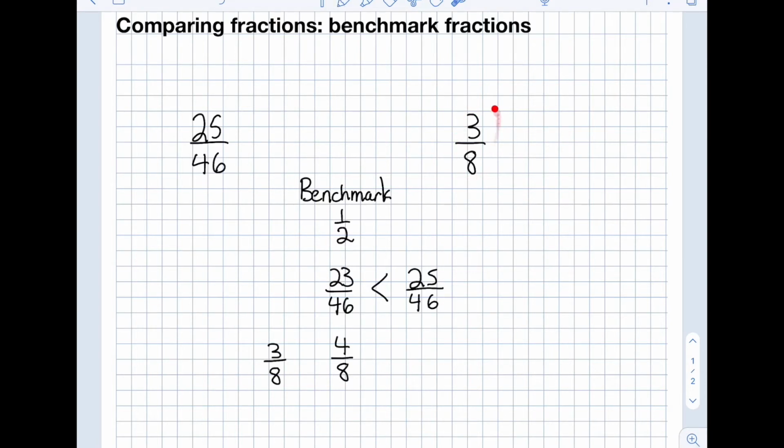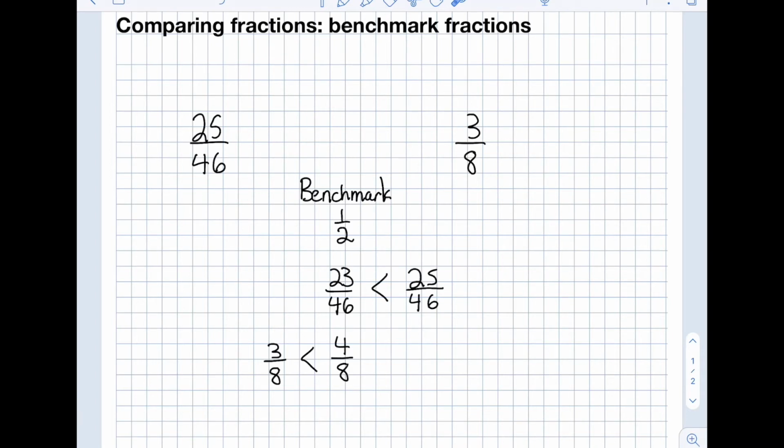Again, I used a common denominator here with 8, so we have the same size whole partitioned into 8 equal parts. And then I can see 4 parts will be greater than 3 parts. So I have used the common denominator, but I didn't find a common denominator between the two given fractions.